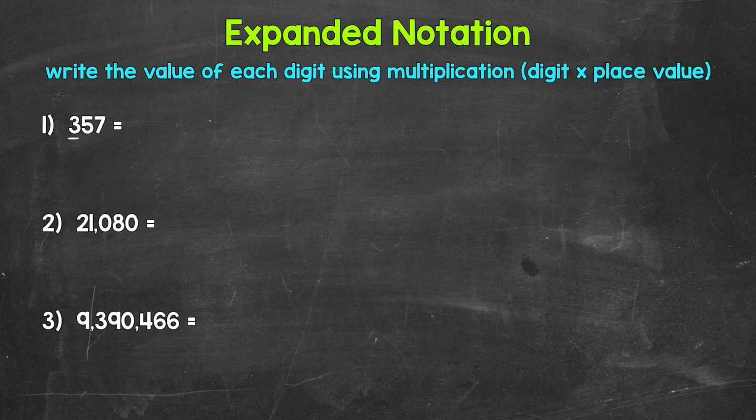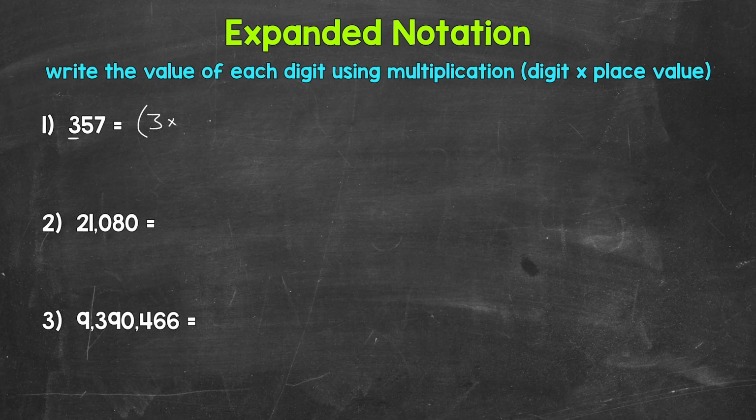For expanded notation, we show this value by taking the digit. So we are going to start our parentheses, which we will use to group our digits and place values. So the parentheses kind of help us keep things organized. Then we have our digit 3, and then we multiply that digit by its place value.